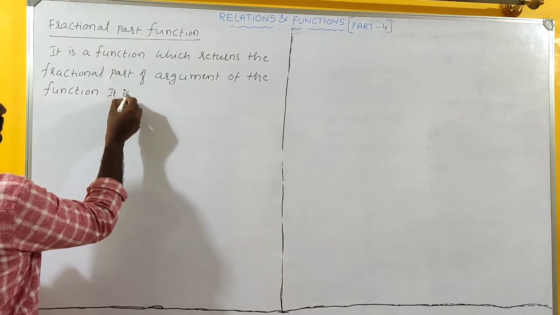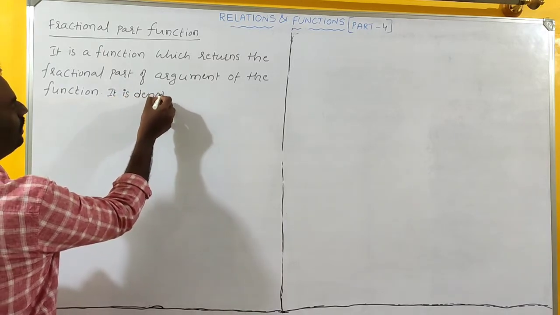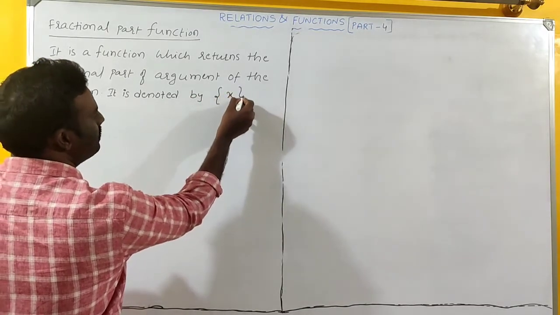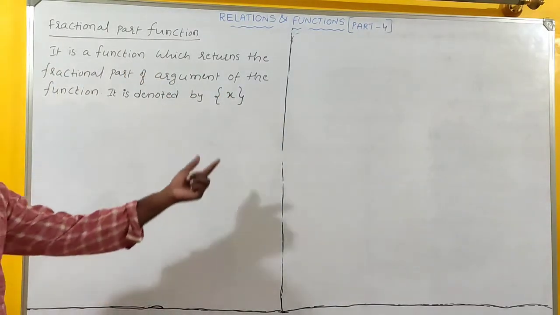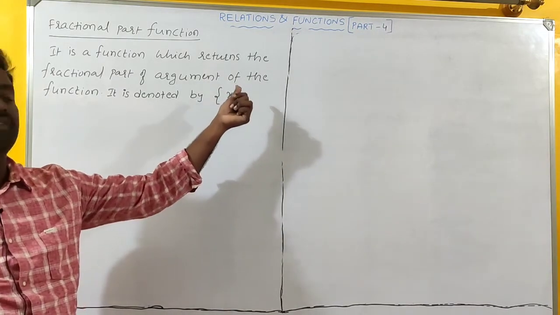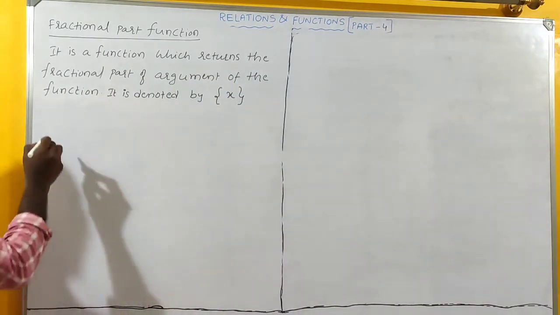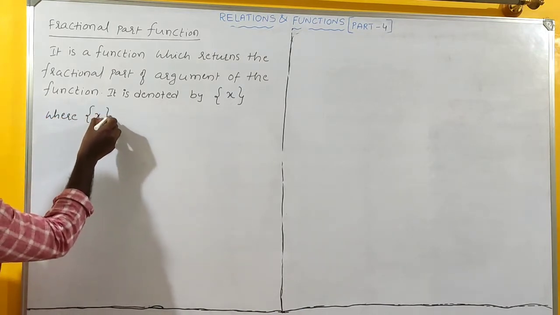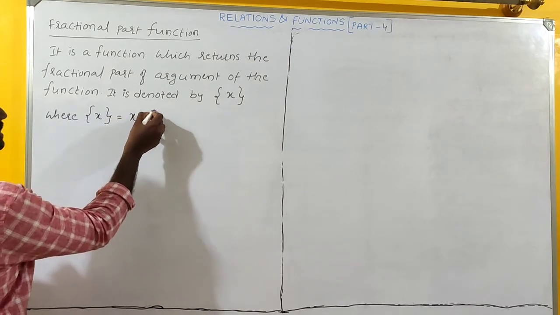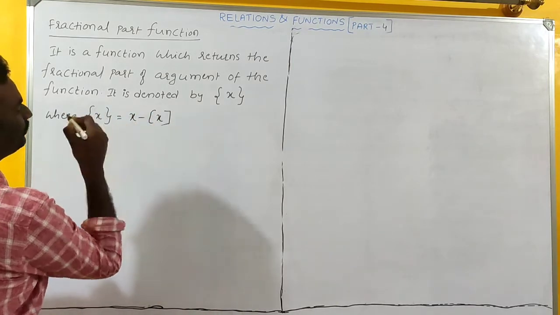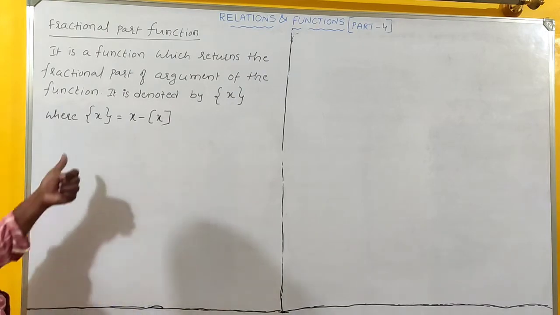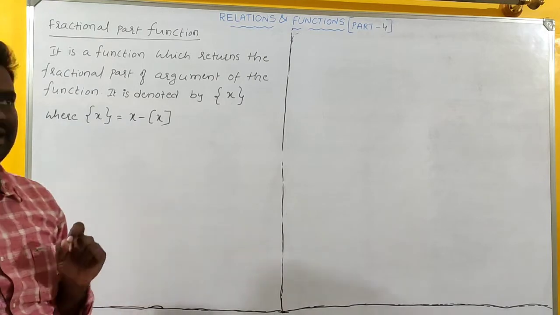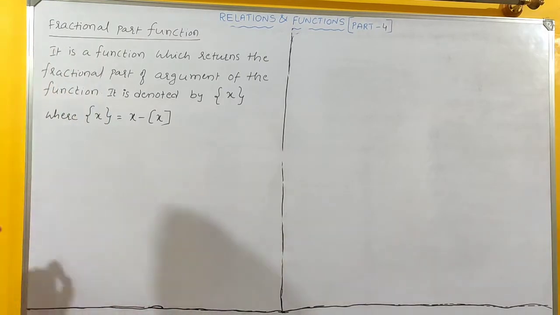It is denoted by, you can write like this. How to pronounce this? Fractional part of x, where fractional part of x can be written as x minus step x. What is step x? Greatest integer function. Example.